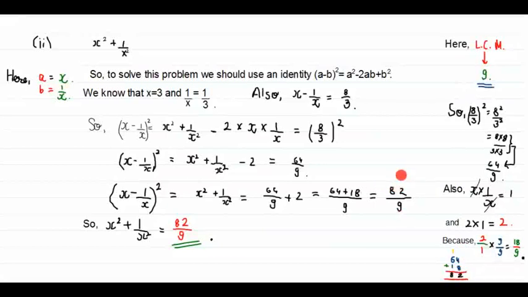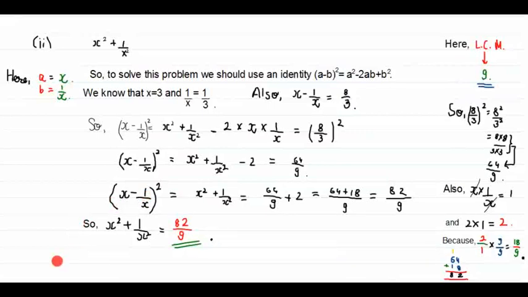So we get the answer as 82 by 9. So our answer is 82 by 9. This is because here we can see that x square plus 1 by x square is equal to 82 divided by 9. So x square plus 1 by x square is equal to 82 by 9.